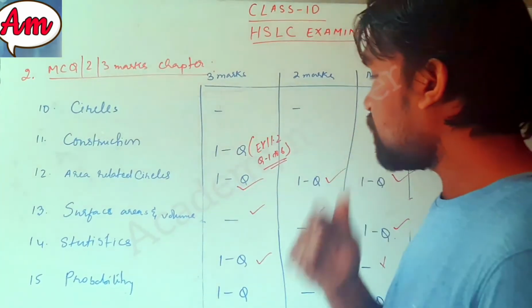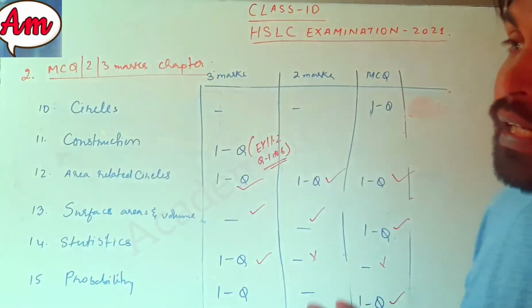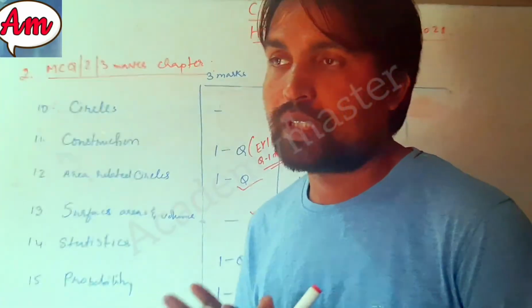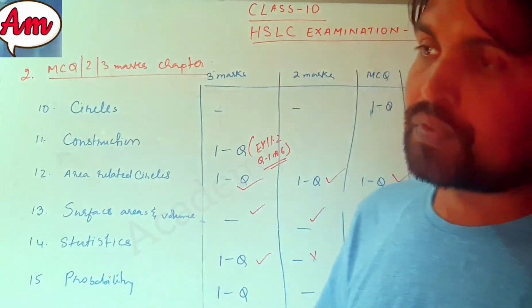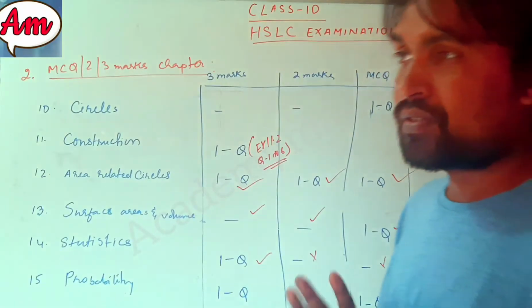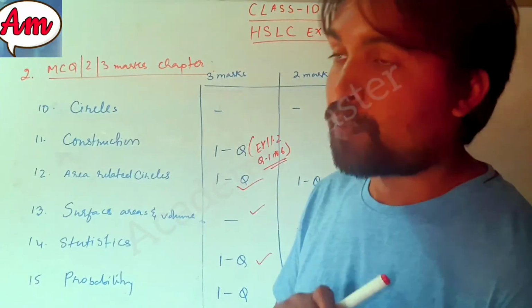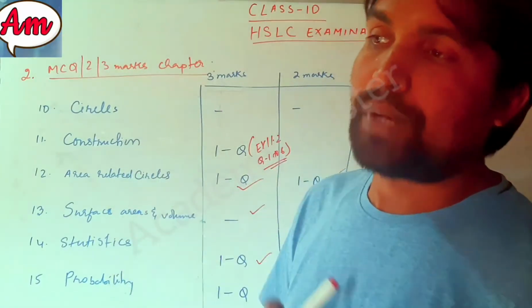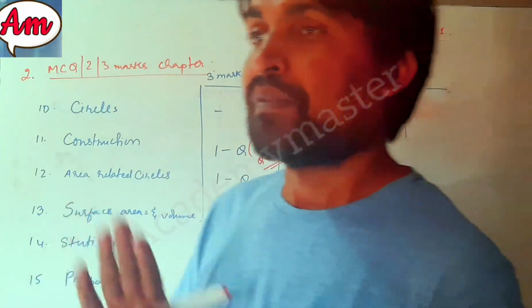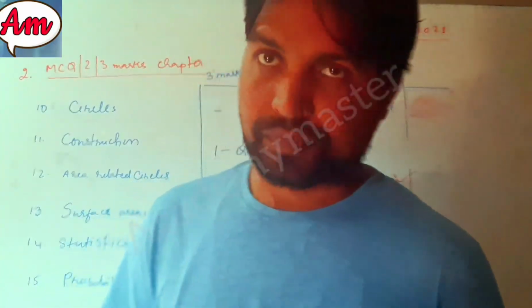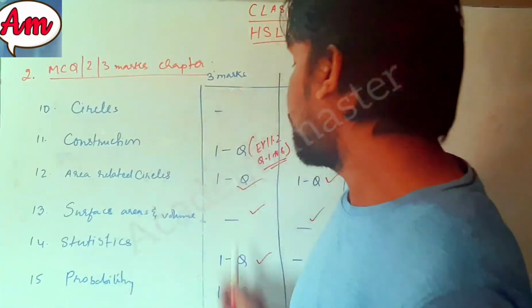Those who want full marks, like you want to secure 80 upon 80 in your board examinations, the strategy should be like this. First, finish the 5 mark chapters properly, practice 3 or 4 times with understanding. Finish the 5 mark sections first, then come down to the 3 mark sections.